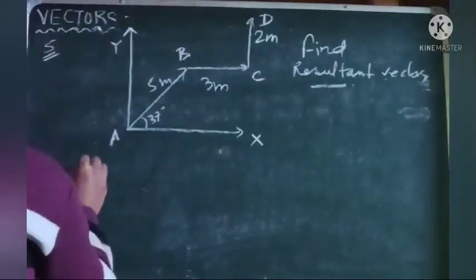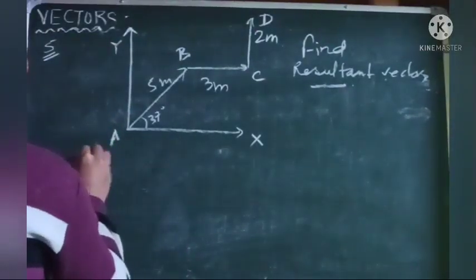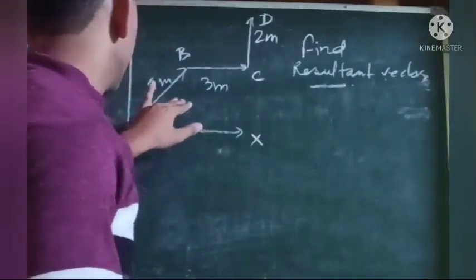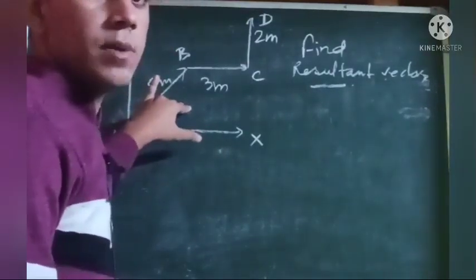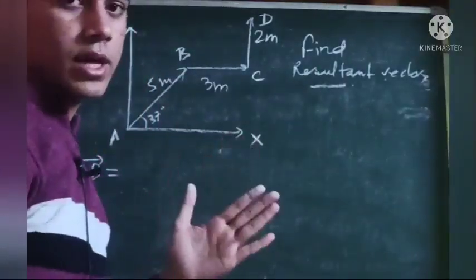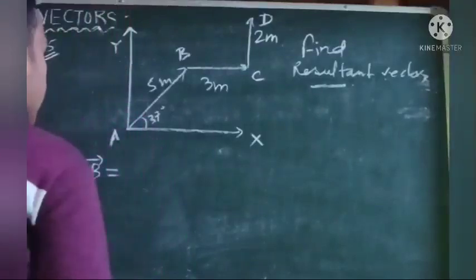So let us first write AB vector in I cap J cap format. For writing any vector in I cap J cap format, we are required to find the components of the given vector along the I cap direction, J cap direction and K cap direction.